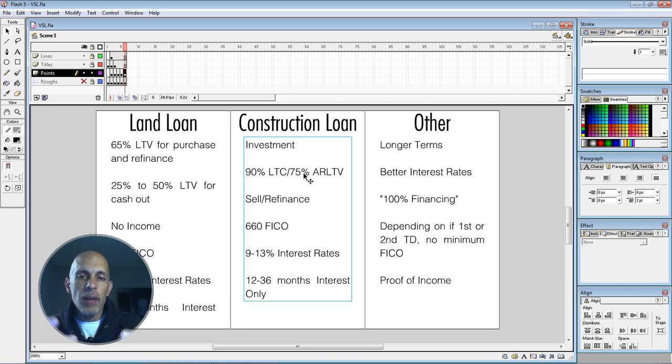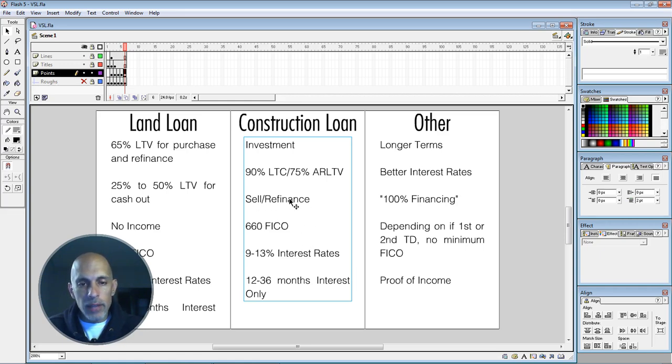You're essentially coming into closing with zero cost. You've already come in with $200,000 towards the land, so you're not going to have to put in 10% of the $800,000 construction. We're going to credit you that $200,000 towards the down payment, towards your equity injection.